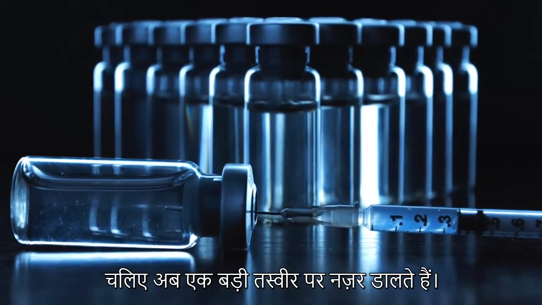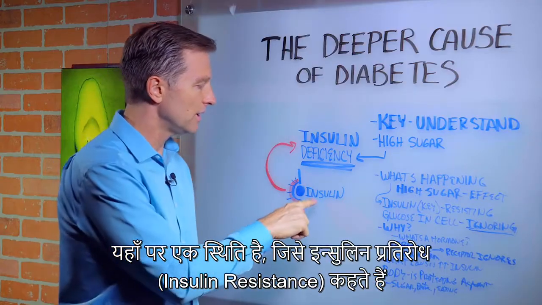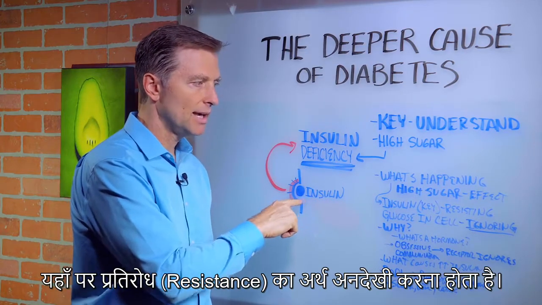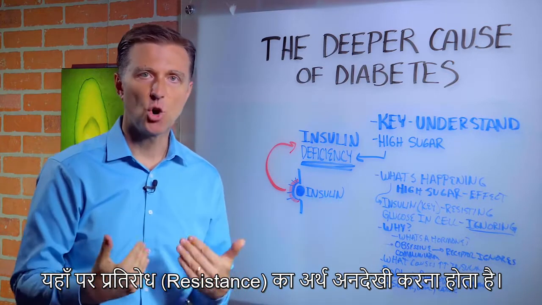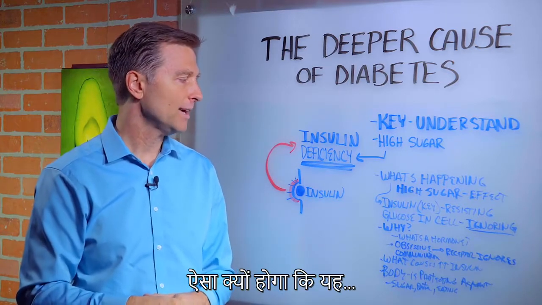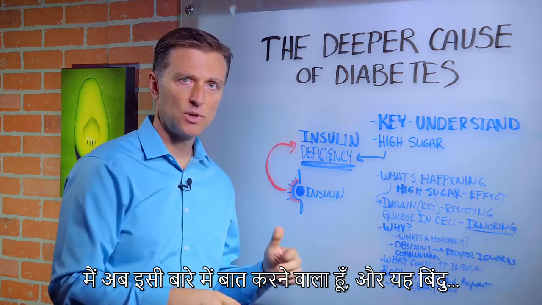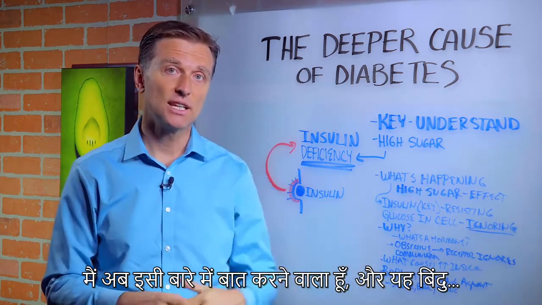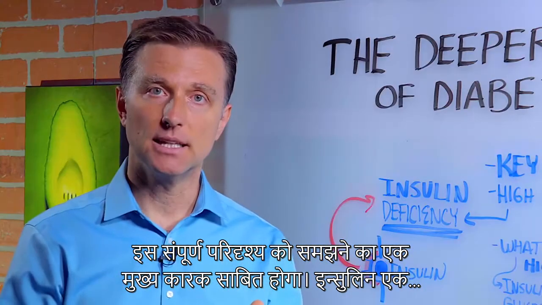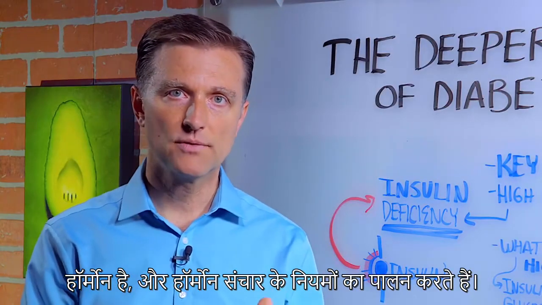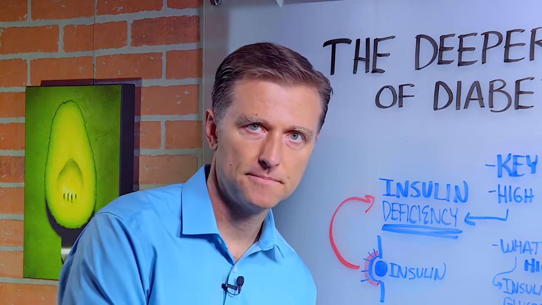So let's look at the big picture. Here we have a situation where we have insulin resistance, okay? Really, resistance means ignoring. Now, why would this little receptor ignore insulin? That's what I want to talk about next, and that's really the key to understanding the whole picture. Insulin is a hormone. Hormones follow the law of communication.